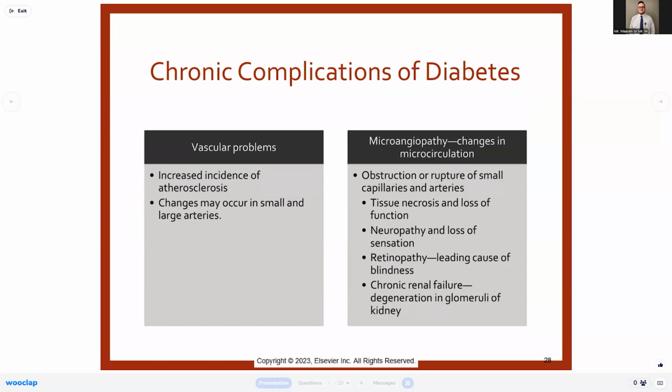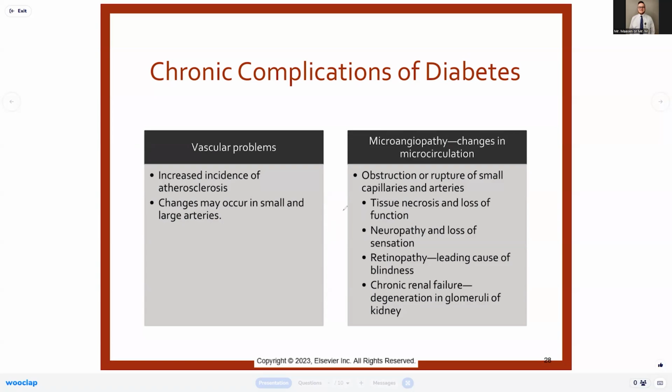Other complications around diabetes: chronic complications are a lot of vascular problems. Diabetes makes a high level of sugar in your blood that tends to cause a lot of issues with blood flow. So you're more prone to atherosclerosis development, definitely in our small arteries. It affects a lot of places like the eye, where there are a lot of small arteries, so there's a lot of retinopathy and changes in the retina.